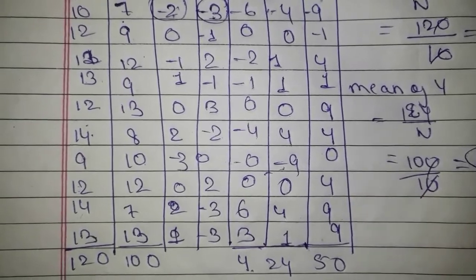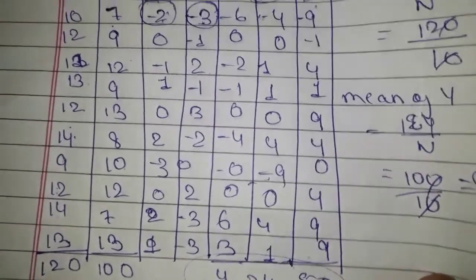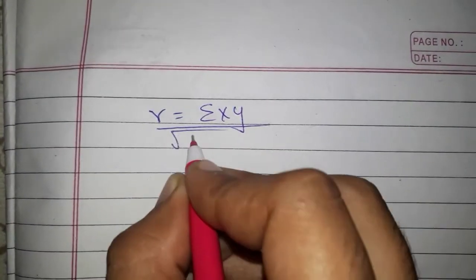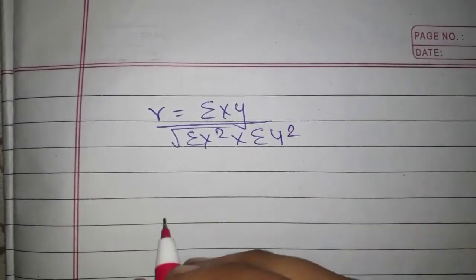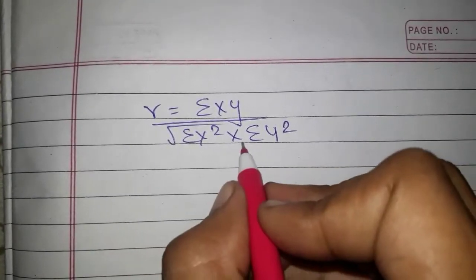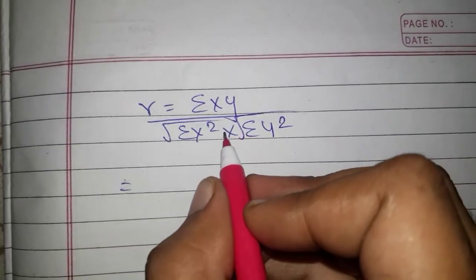So now we are going to put all these things in the formula. Let's see how we are going to do this. What is the formula? r is equal to sigma xy over under root sigma x square into sigma y square. So what is the value of sigma xy?